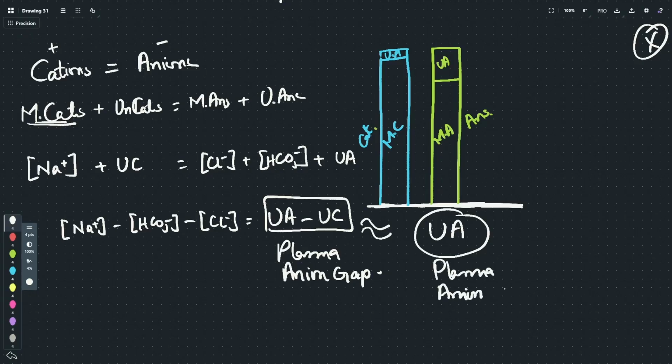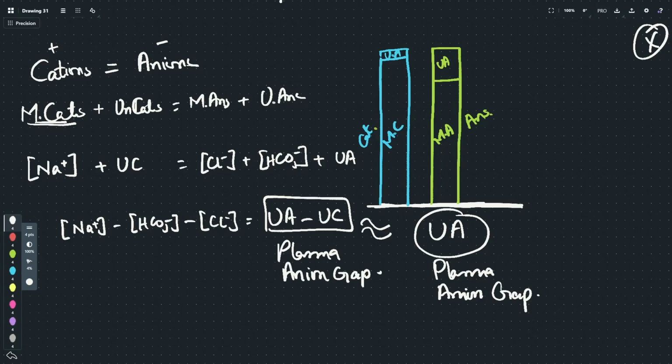I will tell you why it is relevant to our discussion, why I suddenly drifted to this topic. Actually, I have a detailed lecture on the plasma anion gap, called Demystifying Anion Gap, but here we will not go into the detail of anion gap. Here we will focus on its use in the diagnosis of metabolic acidosis.